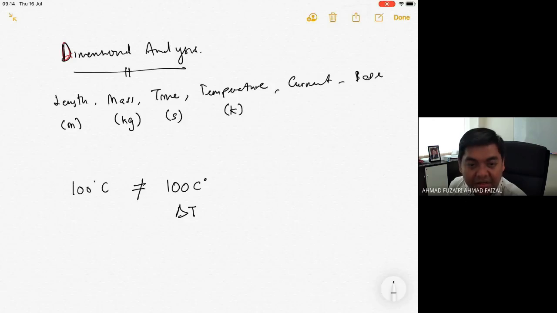Change in temperature, equivalent to 100 degree Celsius. So maksud dia, perubahan. Kita ambil yang final, kita tolak initial, dia dapat 100. So 100 tu kita tulis 100 Celsius degree.